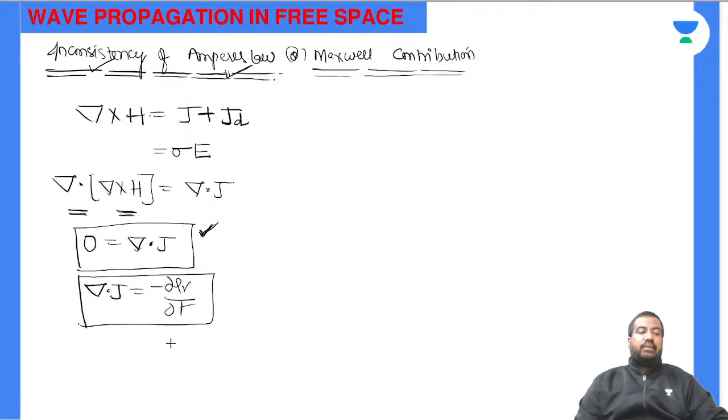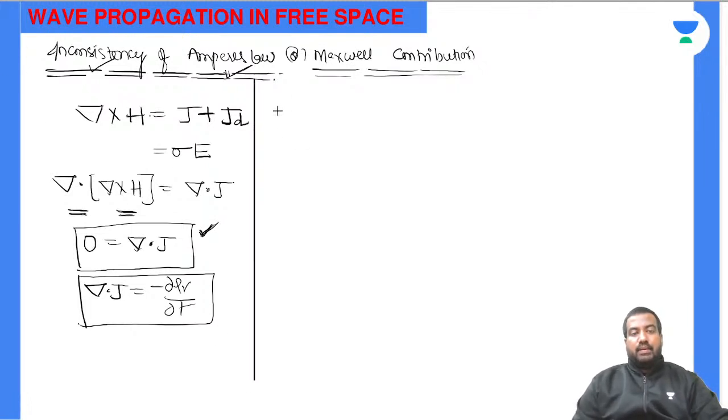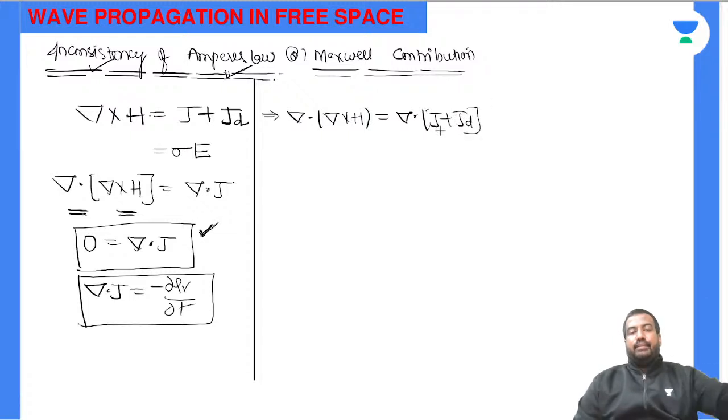You see what you have done? He did divergence on both sides again. After modifying, del dot del cross H is equal to del dot of J plus JD, where J is conduction current density, JD is displacement current density.